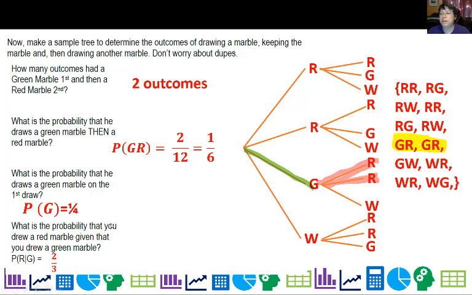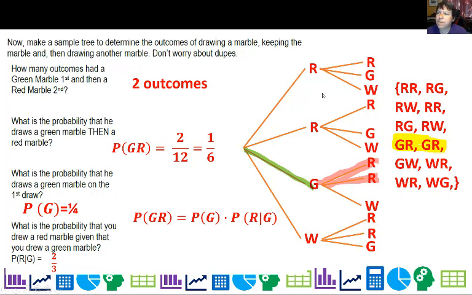So let's see if multiplying these works again. So if I multiply them, I'm going to write the probability of green, then red, is the probability of green times the probability of red given green. The reason I'm writing red given green, well, first of all, the probability of green is always 1/4, right? So I don't have to be specific.